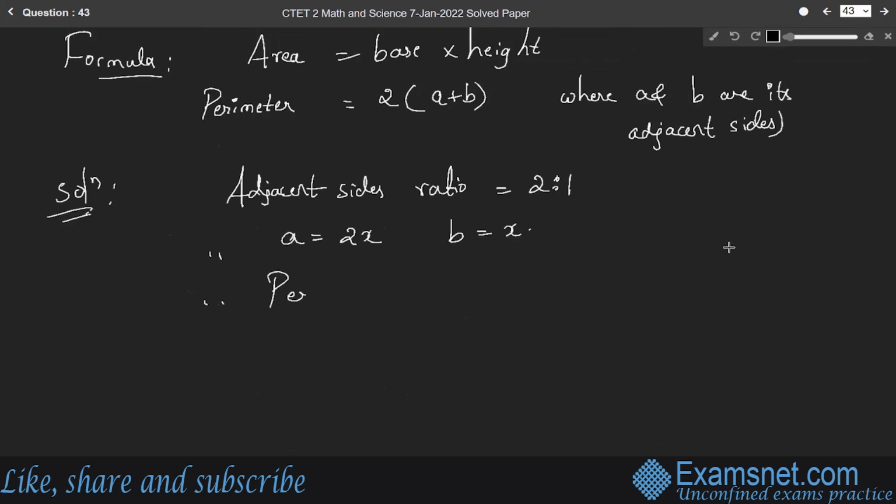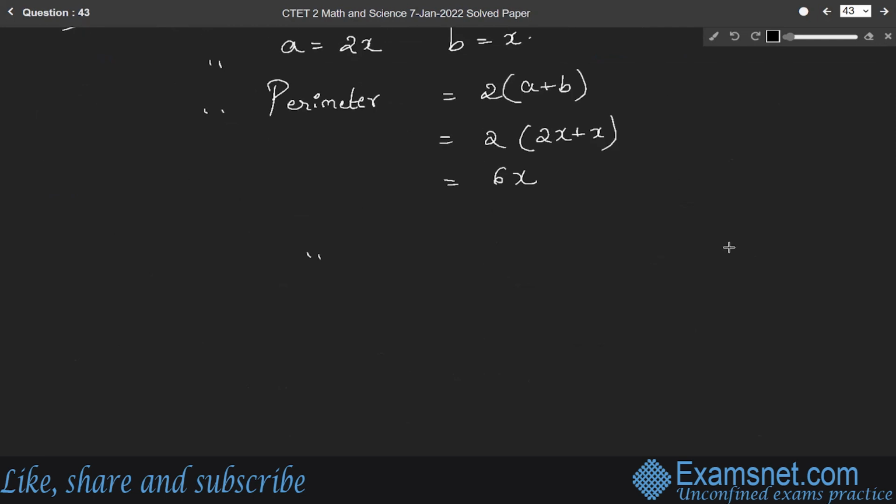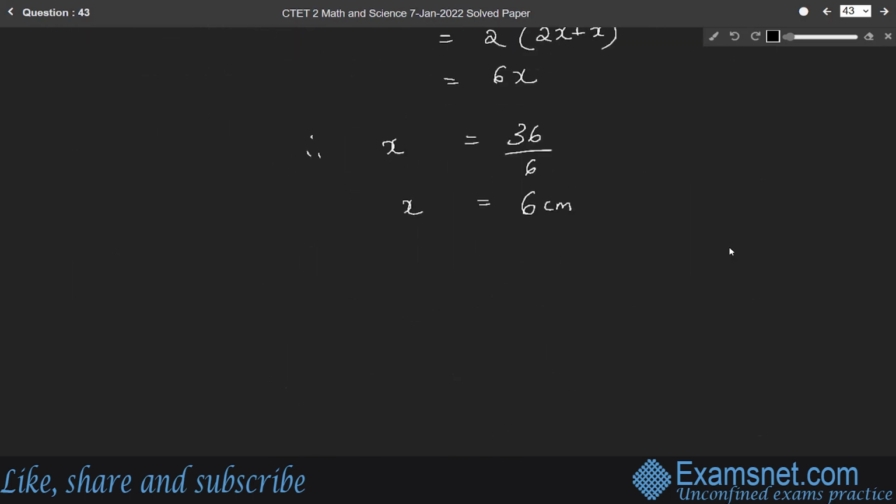Therefore, perimeter of the parallelogram is equal to 2 times A plus B. That is 2 times 2x plus x, that is 3x, that is 6x. What is perimeter given? 36 centimeter. Therefore, x is equal to 36 by 6, which is 6 centimeter. So the smaller side is equal to 6 centimeter, and another side where a is equal to 2x, which is 12 centimeter, and b is equal to 6 centimeter.